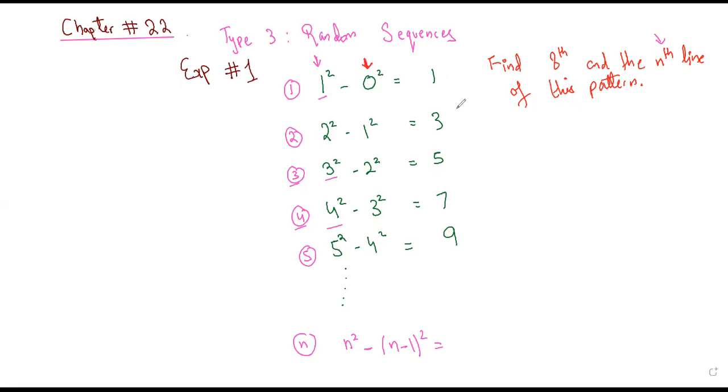So it's 1, 3, the difference is 2, then 3, 5, the difference is 2 again. Then 5, 7, again 2. So is it a quadratic sequence or arithmetic sequence? Arithmetic, very good, because the difference is fixed.